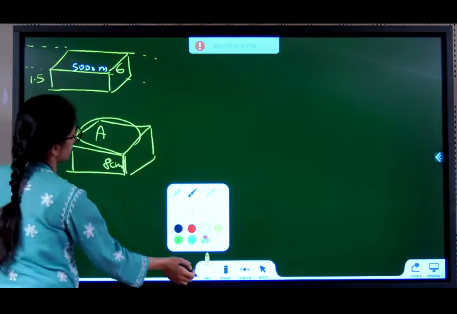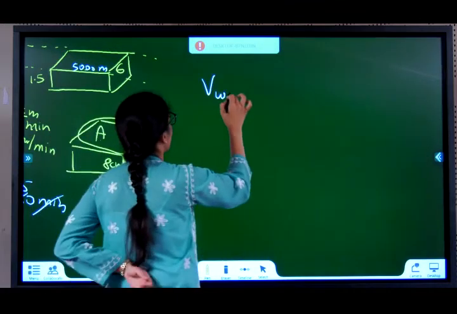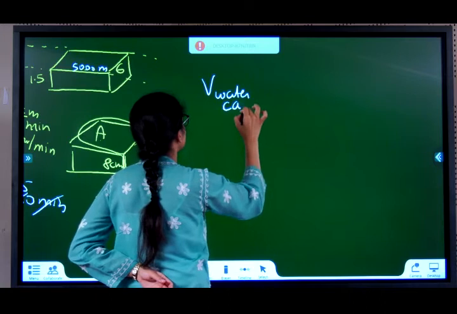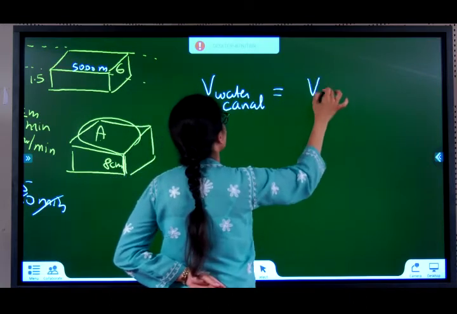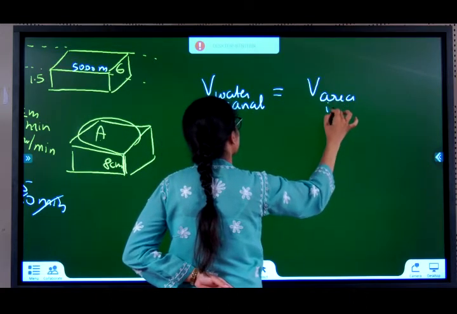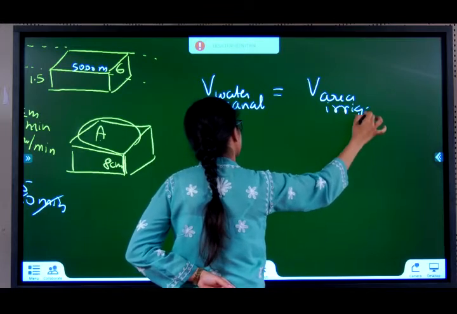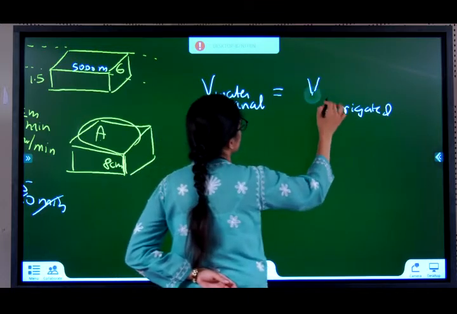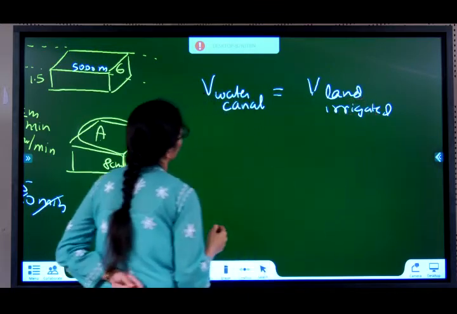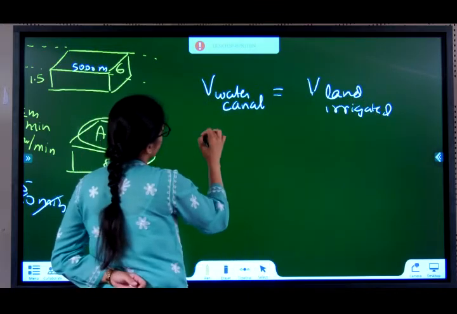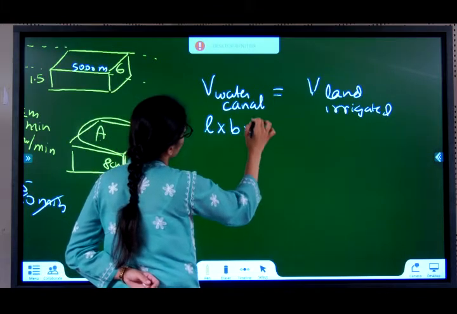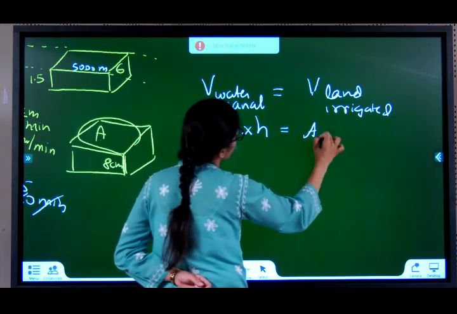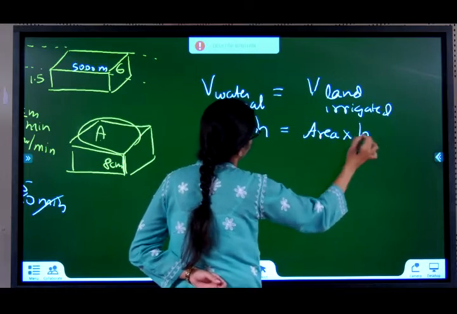So now we can say volume of water from the canal is equal to volume of land irrigated. Water in the canal, L into B into H. Land irrigated, area into height.